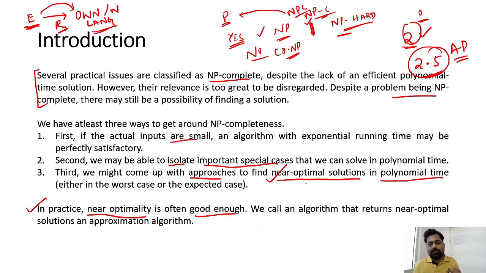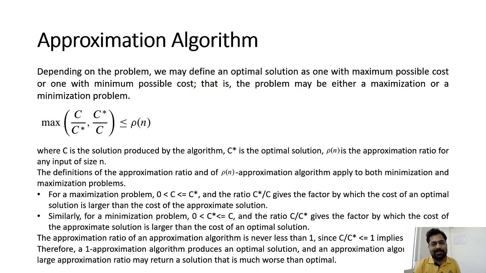So an exact optimal solution is not the easiest for us. That's why the third one is our approximation algorithm. That's why the approximation algorithm is introduced. Okay, I hope you understood why the approximation algorithm is introduced.